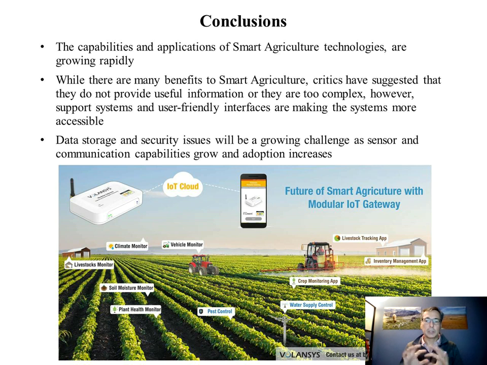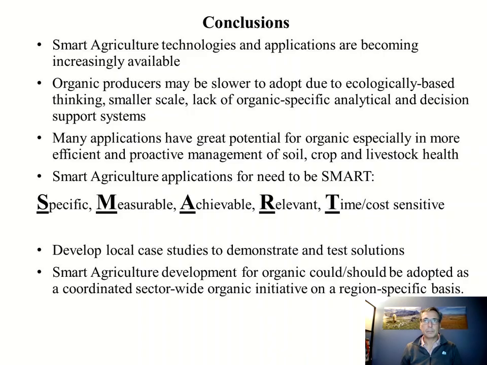And especially in those server systems and huge data storage centers, they require a lot of energy to keep them cool. So there is an environmental impact by collecting excess data.